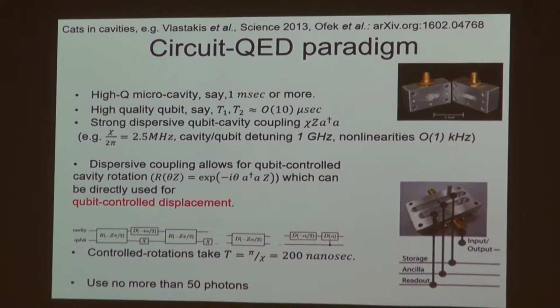Now, in general, this will be hard, because the circuit-QED paradigm, as you probably know, is very powerful in the sense that one has high-Q microwave cavities, say 1 millisecond or higher. We can couple them to high-quality qubits, which have at least 10 microsecond coherence times. There's a strong dispersive cavity-qubit interaction, which is the workhorse in our protocol also, having an interaction between the qubit and the cavity that looks like that.